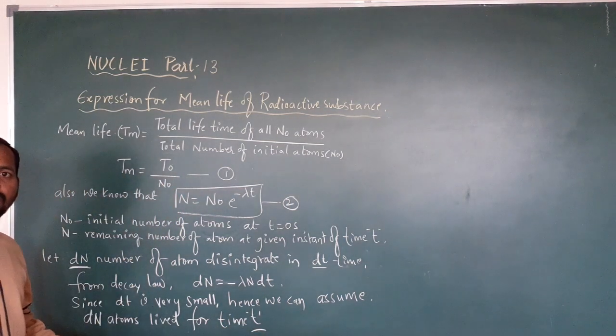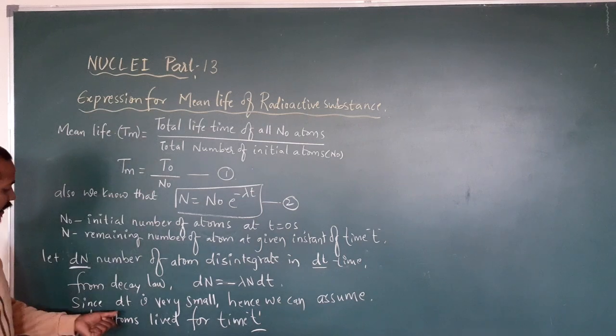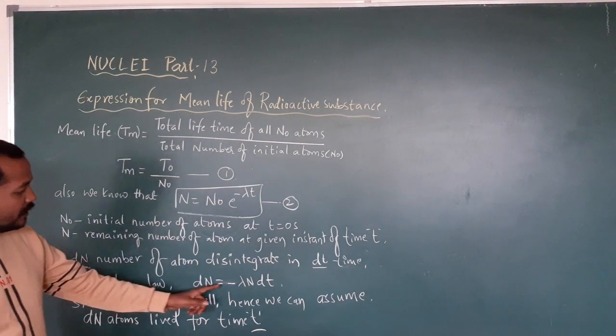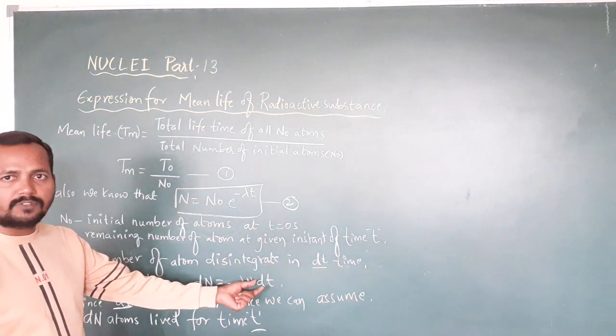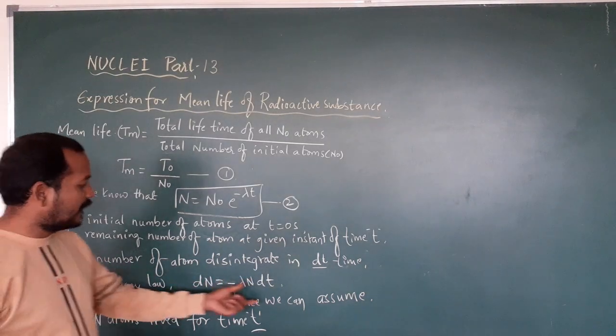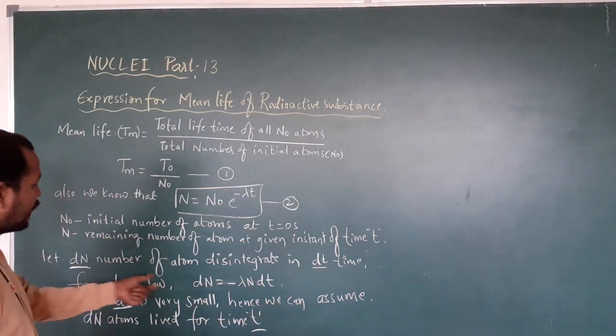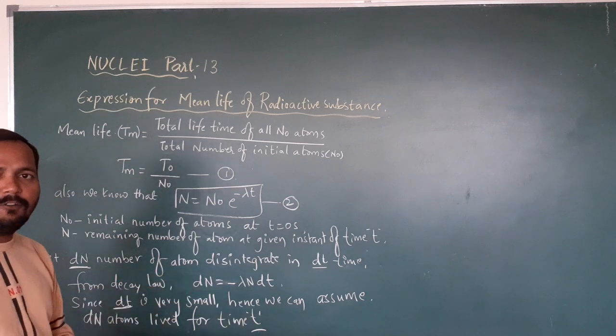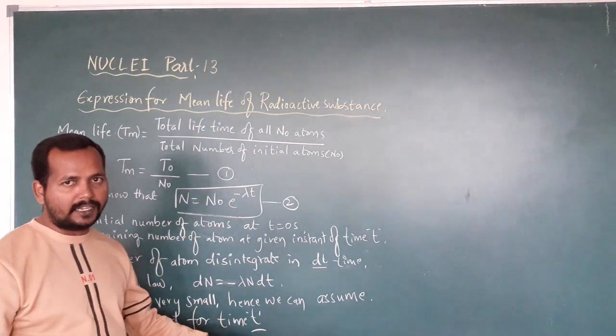So this is a very important statement. What is that? Since dt is very small, and dN is equal to minus lambda N dt, hence we are assuming that whatever dN atoms are disintegrated, they lived for the time interval t.